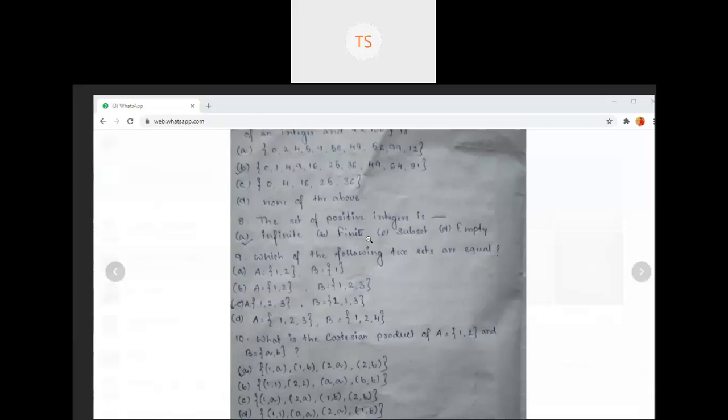You are not saying that. That's why you have to say that every element must be the same and they must have the same number of elements. Okay.